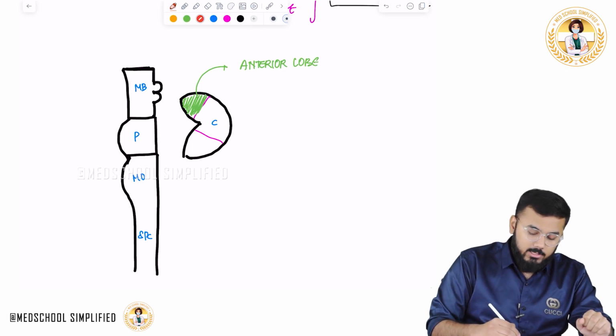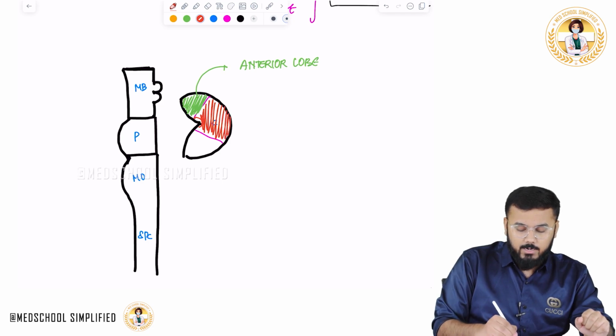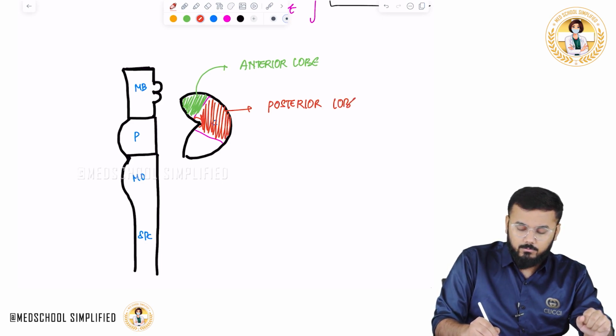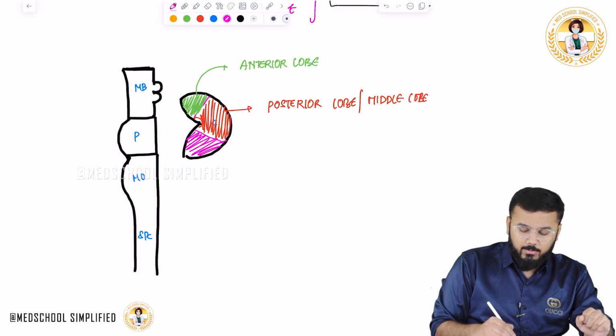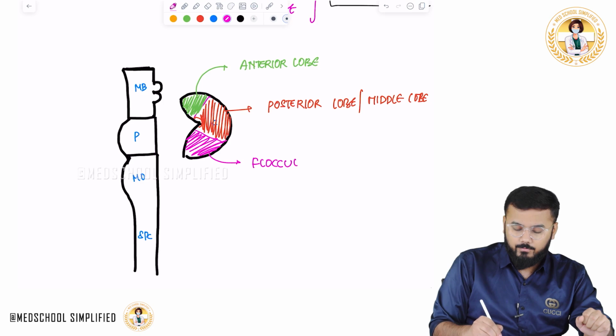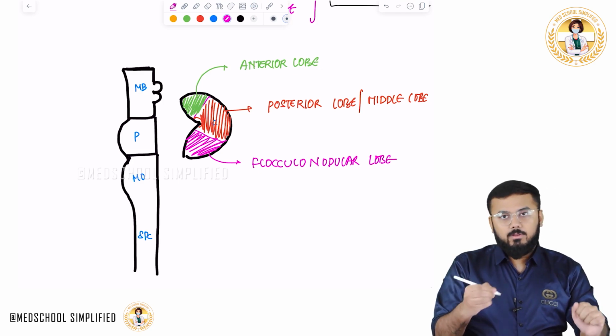And this part which I am highlighting right now is called the posterior lobe or the middle lobe of the cerebellum. And finally, this last part of the cerebellum is called your flocculonodular lobe.